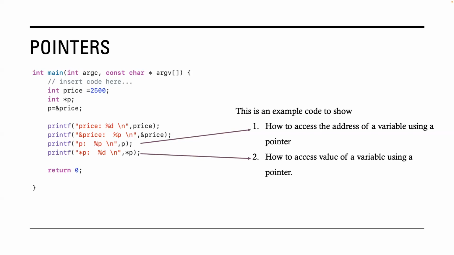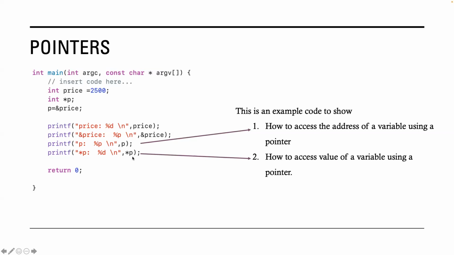So in this example, we have a price variable and the pointer, and I'm storing the address of the price variable in this pointer. So you can see I'm using the name of the variable to retrieve the address of the price variable.